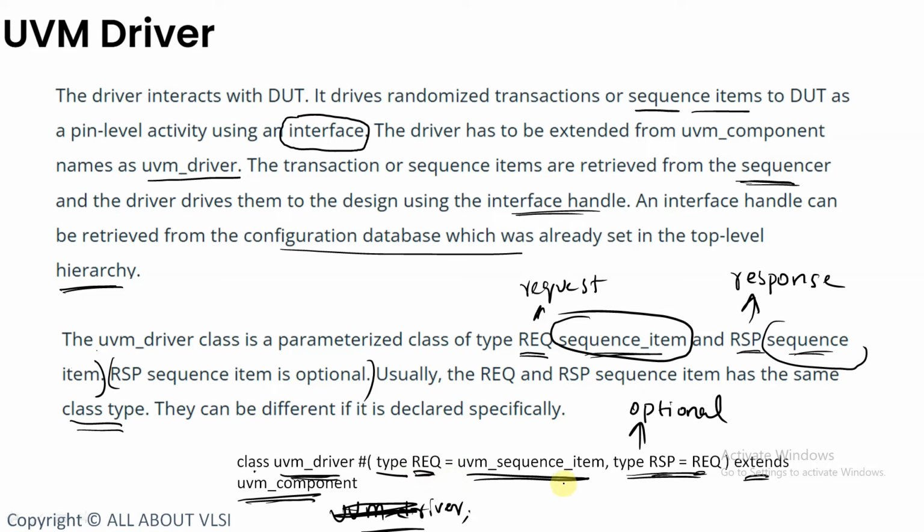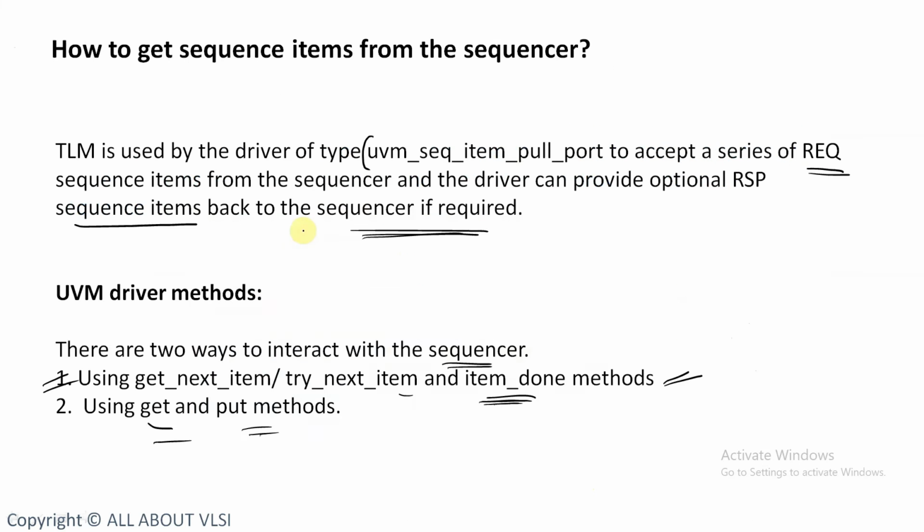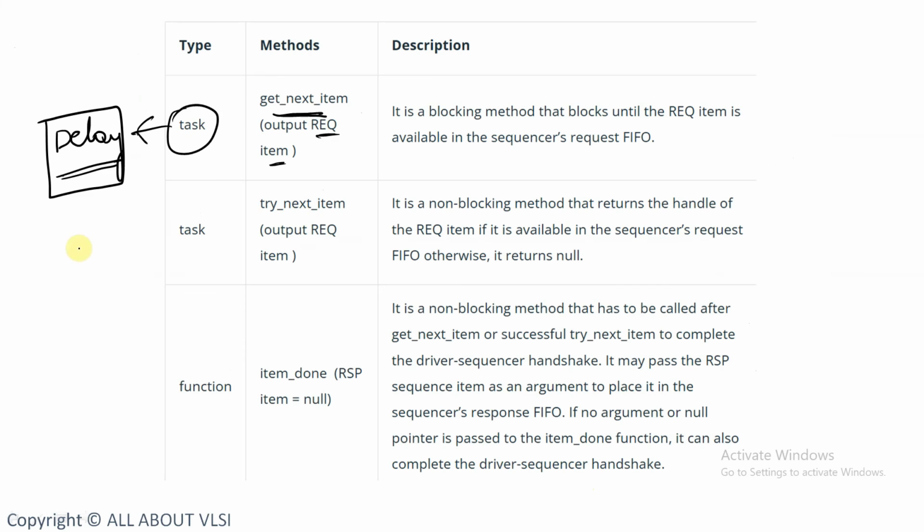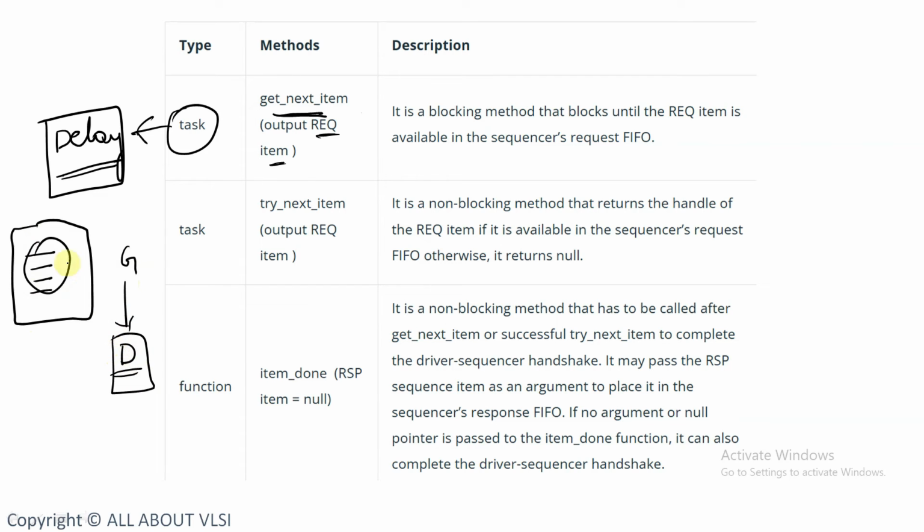It is expecting a UVM sequence item type, REQ equal to UVM_sequence_item. In SV we have also seen transaction classes. The transaction class has all the data properties which the generator sends to the driver, and the driver converts these object items into pin-level items and sends them to our DUT.